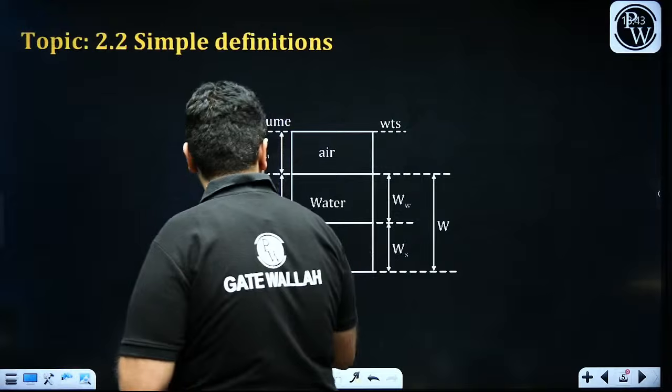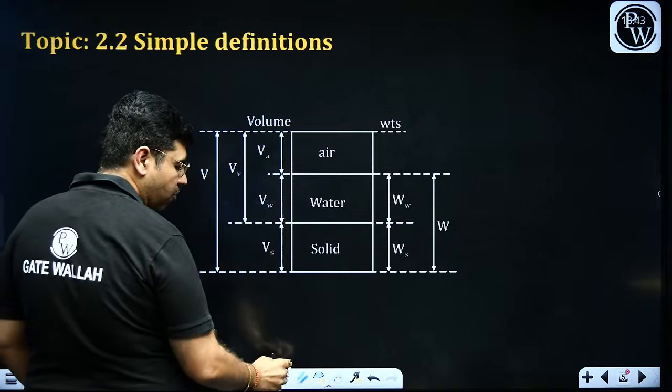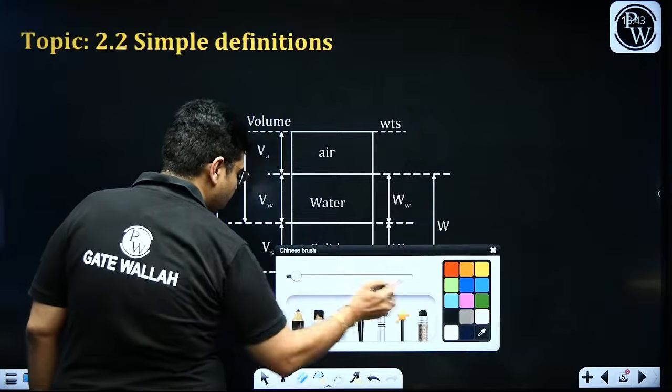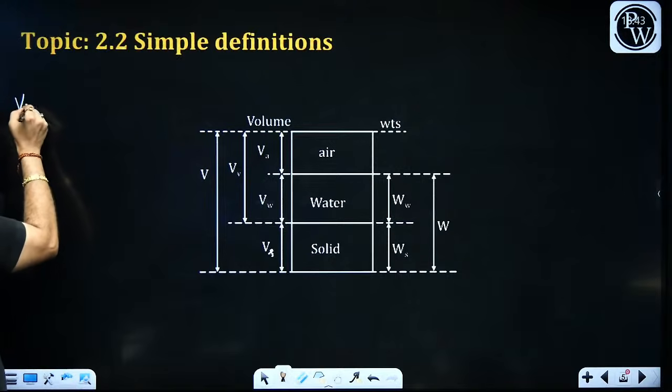For example, this is solid. This much solid has this much volume. So your Vs that you are seeing here, Vs is the volume of solids.